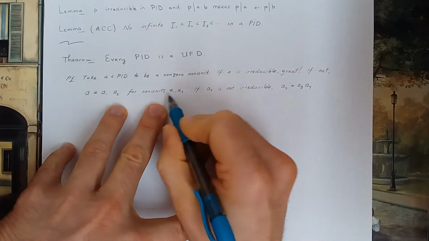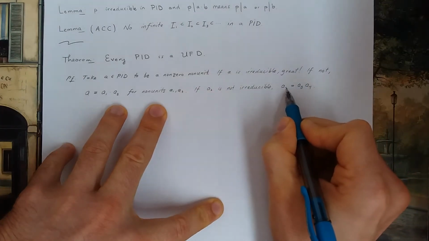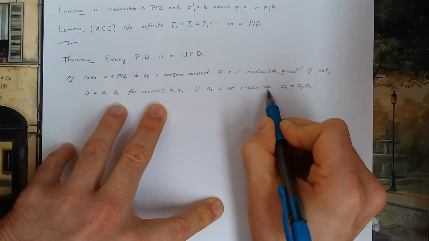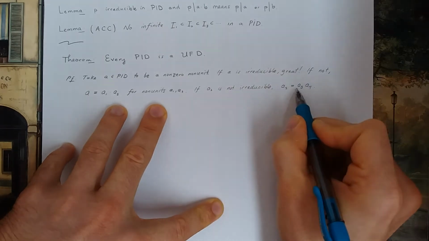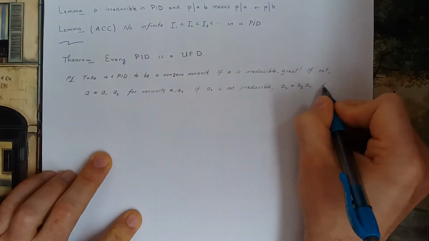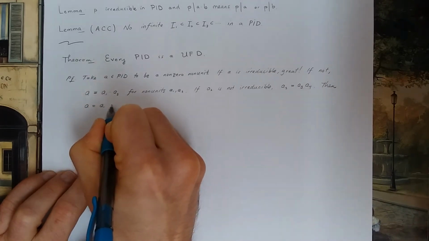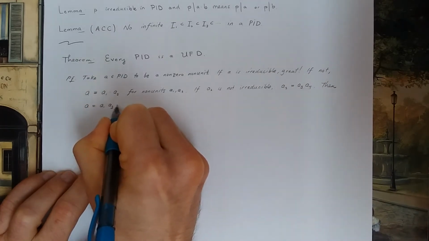I'm not going to write that down from here on out, but I'm going to know that if A2 is not irreducible, then it could be written as a product of two things, neither one of which is a unit. So then what we see is now we have A is A1, A3, A4.